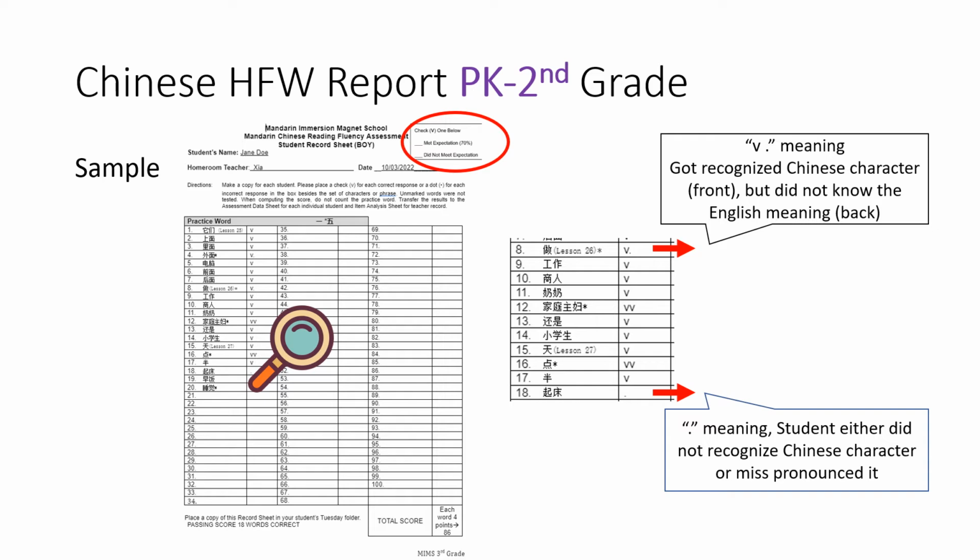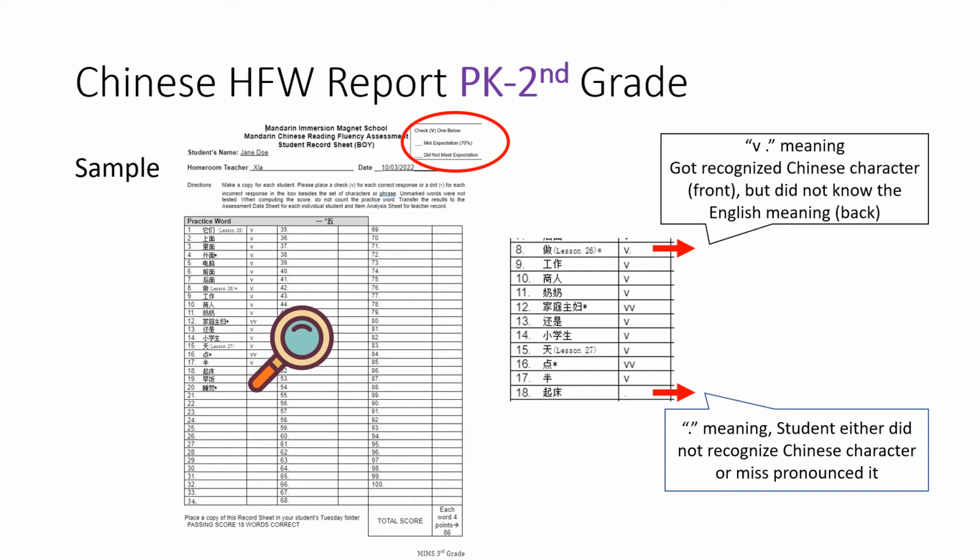On the top right corner, you will see either the student has met the expectations, which for pre-K through second is 70, or did not meet expectation. Each student has 2 chances.